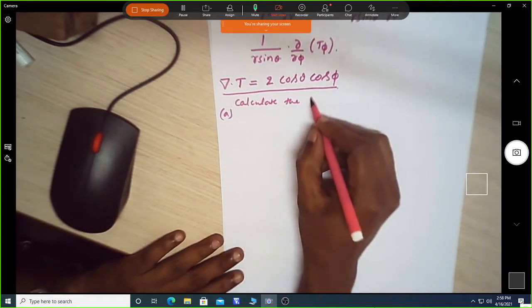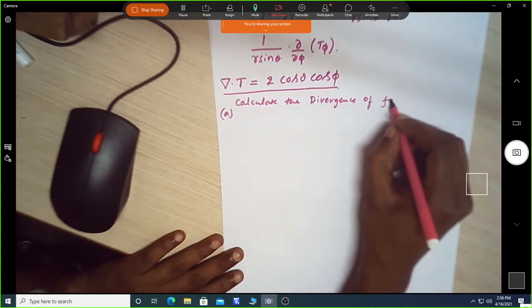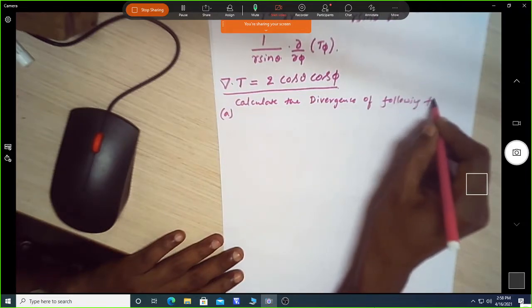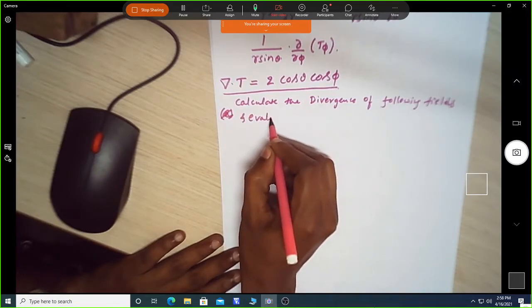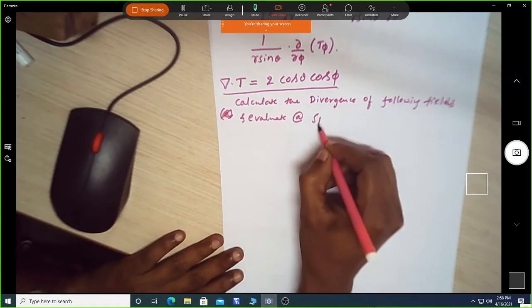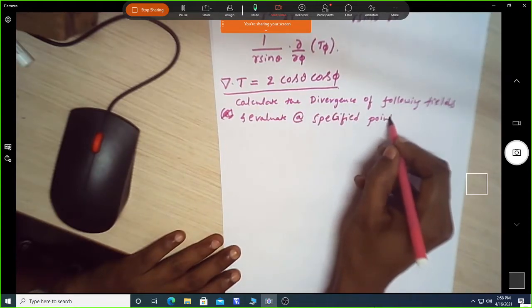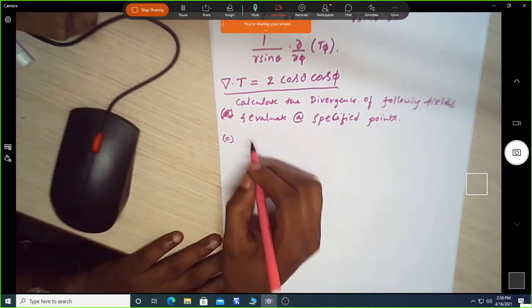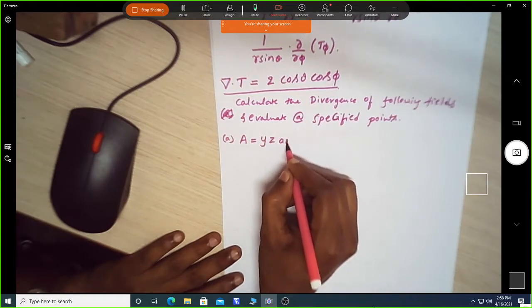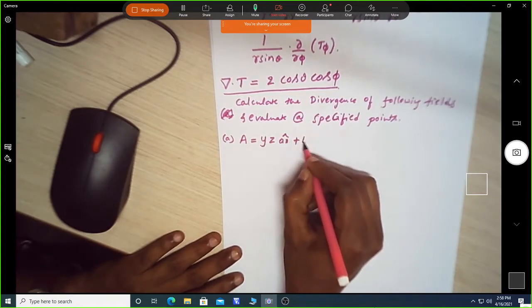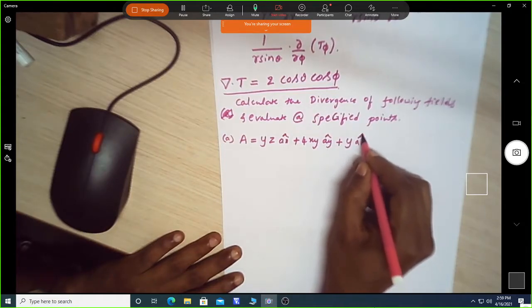The first one is a vector A, which is equal to yz in the ax direction plus 4xy in the ay direction plus y in the az direction.